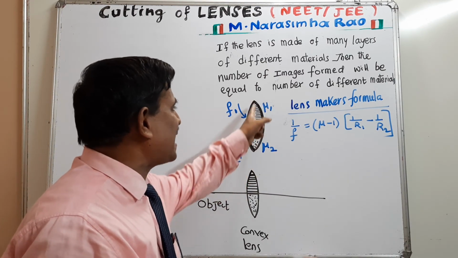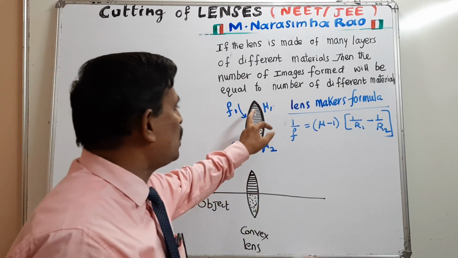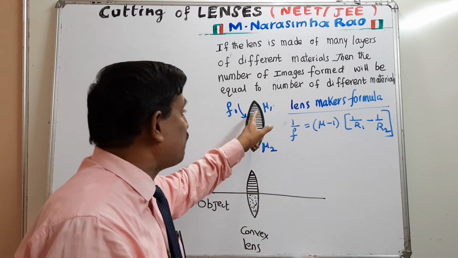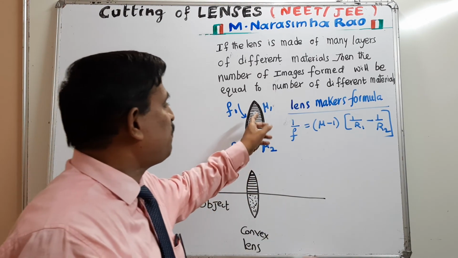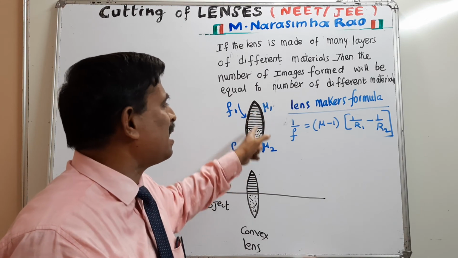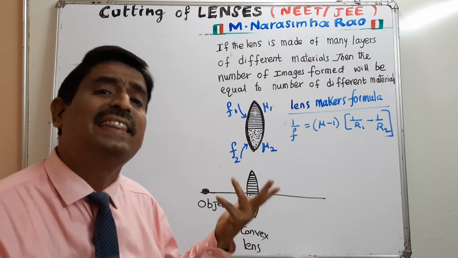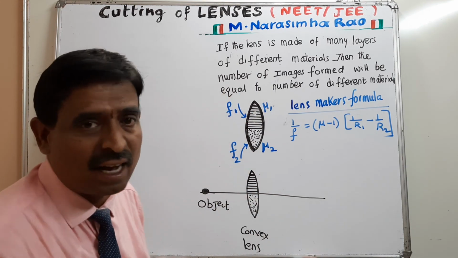This convex lens consists of two different layers made of different materials. Different layers, different materials means the refractive indices are different, then the focal length is also different.